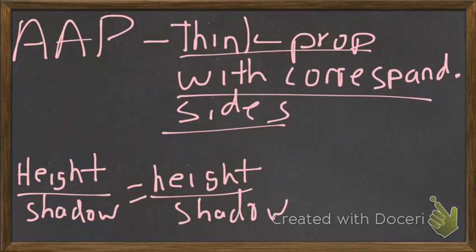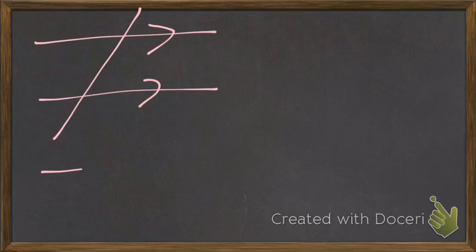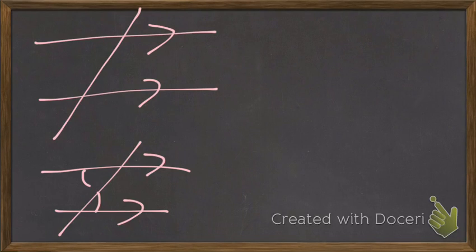And the one last thing to remember is you might have to use your knowledge of parallel lines. We learned that if lines are parallel, the two main relationships are alternate interior and corresponding. We learned about this relationship and this relationship.